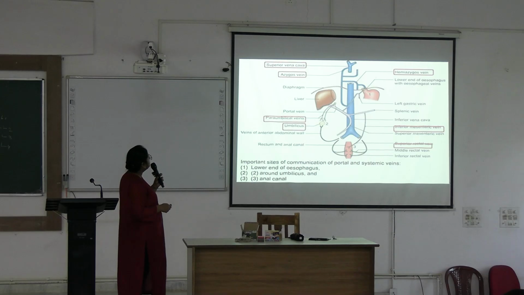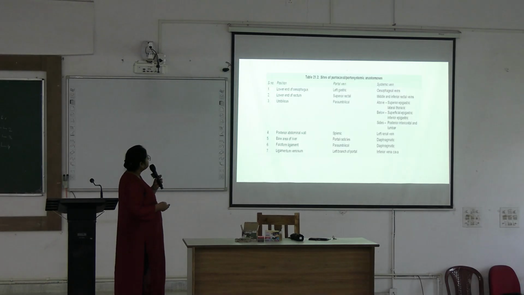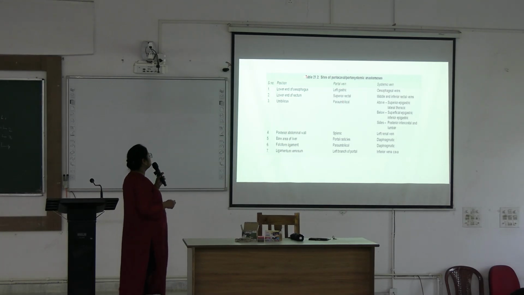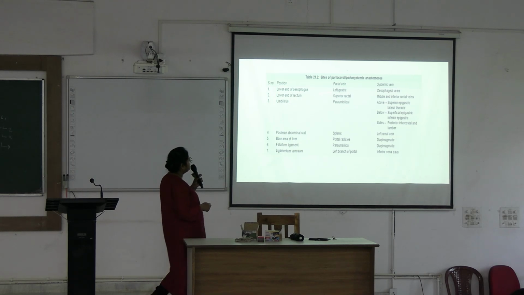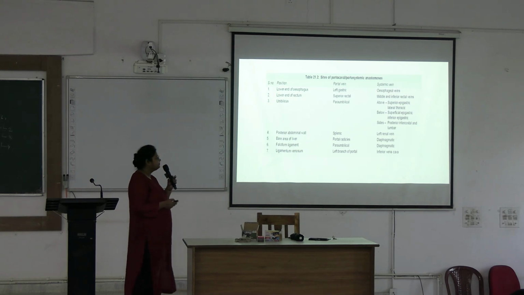So these are all that have been shown. Here lower end of the esophagus, here around the umbilicus, and here around the anal canal. So this chart you remember. Okay. So lower end of esophagus, portal system, left gastric vein, systemic esophageal veins.